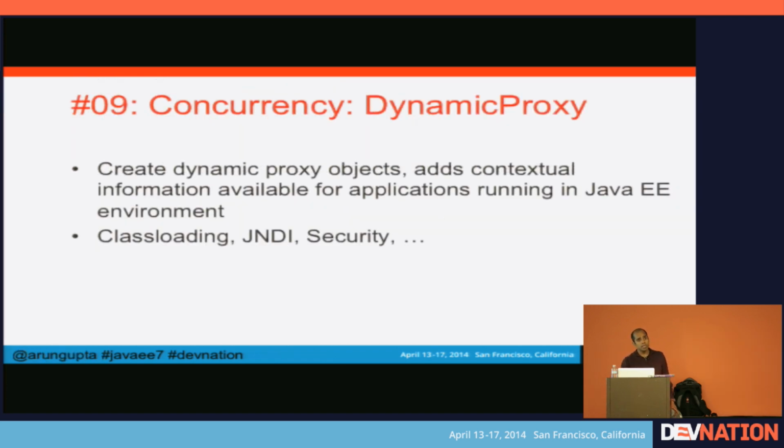The last managed object that is available as part of JSR 236 is a dynamic proxy. Those three standard design patterns already exist for you, which were there in the JDK. Now, if you want to add contextual information to any object in Java EE, this is what it is useful for. Effectively, you can create a dynamic proxy, attached to this object, and add your class loading, JNDI, and security context information.